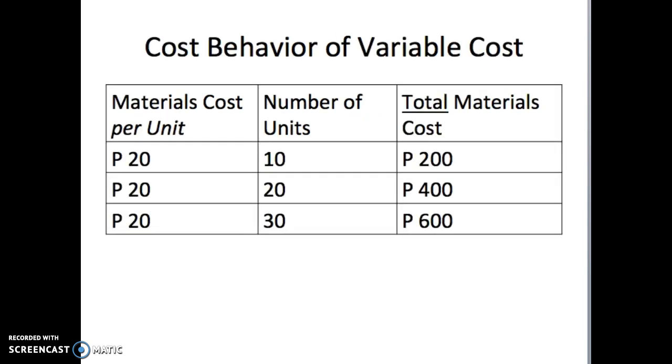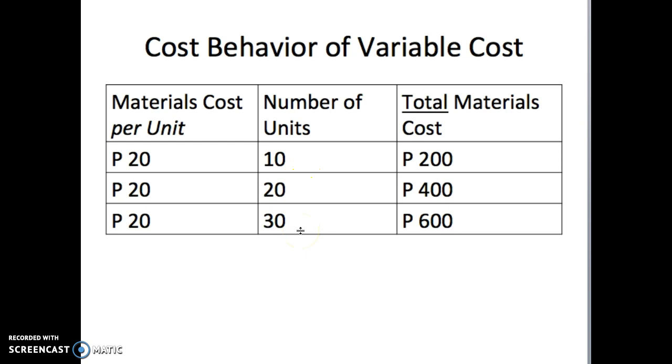So for variable cost, if you look at the variable cost per unit, it remains fixed, 20 pesos, 20 pesos, 20 pesos. But if we take into consideration the number of units that we need to produce, the total materials cost, or what you call total variable cost, would also increase along with the increase of the total number of units.